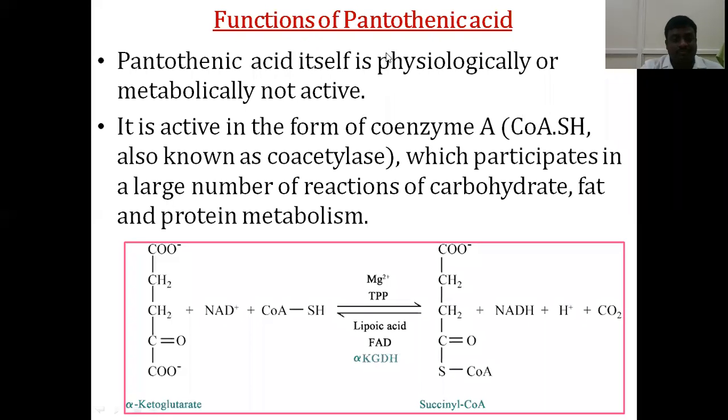One example is alpha ketoglutarate being converted to succinyl coenzyme A. In the presence of coenzyme A sulfhydryl, carbon dioxide is removed and coenzyme A sulfhydryl attaches there. This is the main function. Then the acyl coenzyme A participates in different reactions.